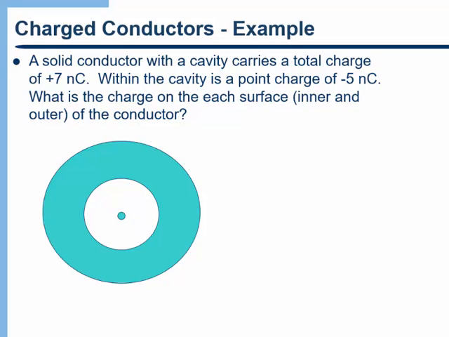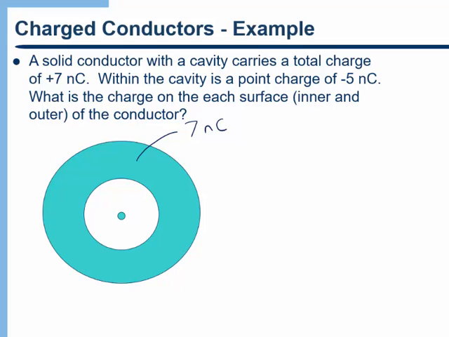So here's the key thing we need to understand. The total charge on this conductor is 7 nanocoulombs. Now, if there weren't a charge inside here, then all of the charge would just be distributed on the outside. But this problem is more complicated than that. And that's because we've got this -5 nanocoulomb charge right here. So here's how we have to work this problem out.